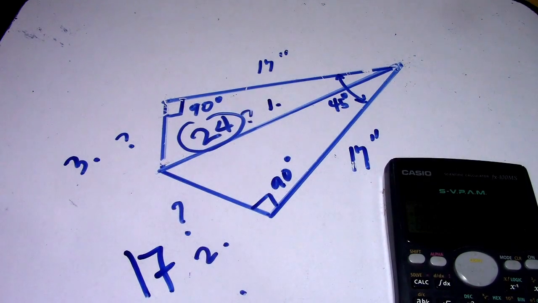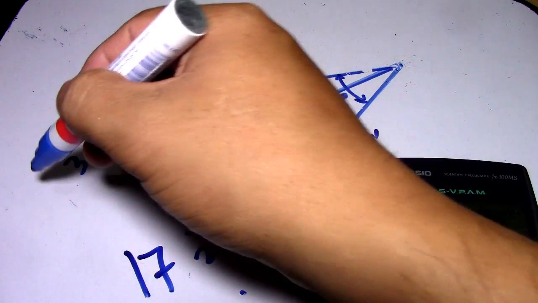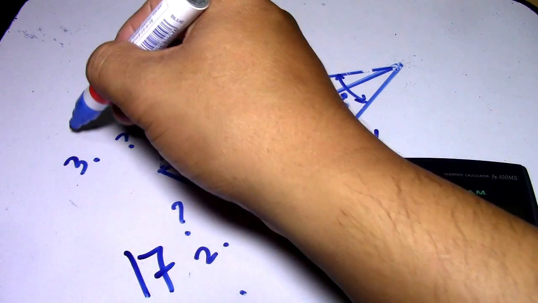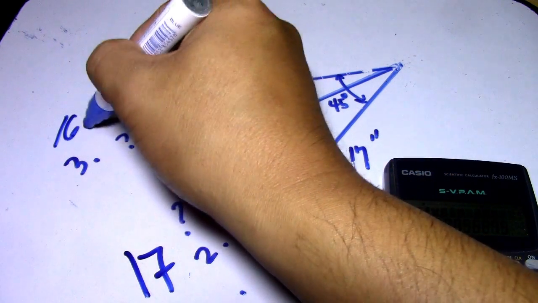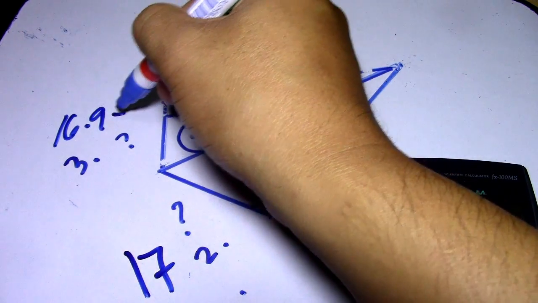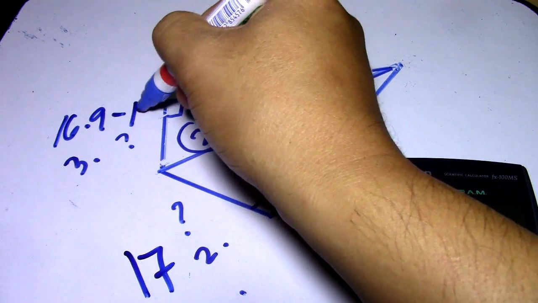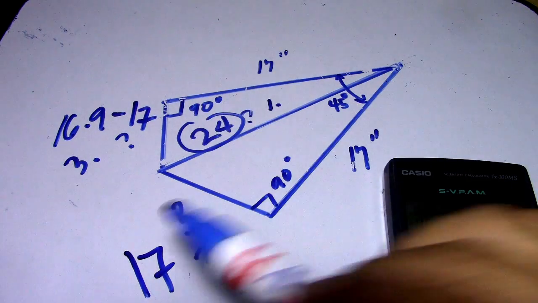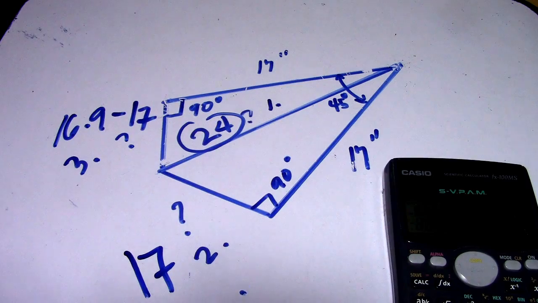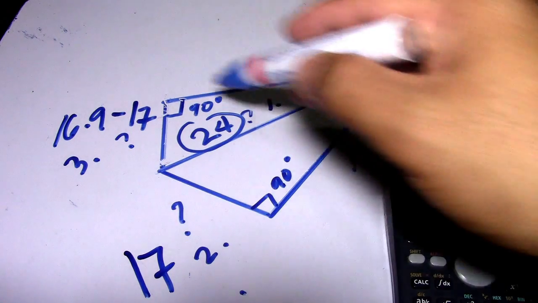And of course, number 3 is the same answer, also 17. This number 3 is also 16.9, rounded up to 17. So we have a square with sides of 17.